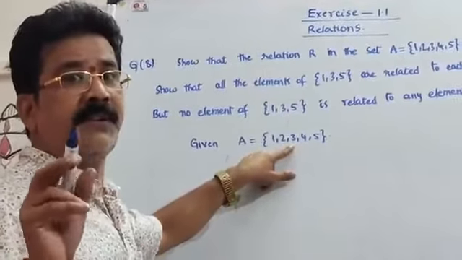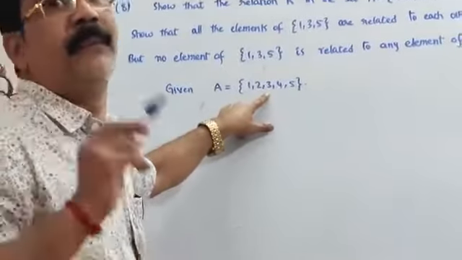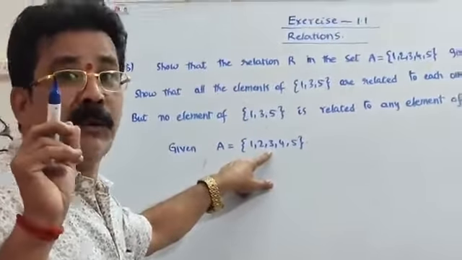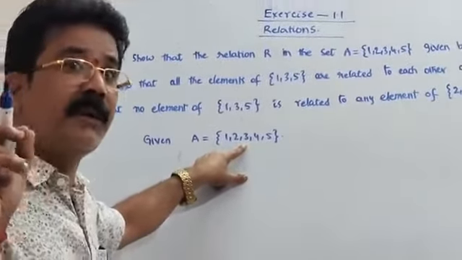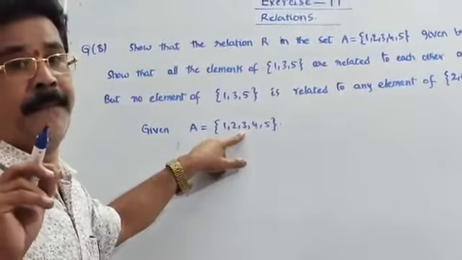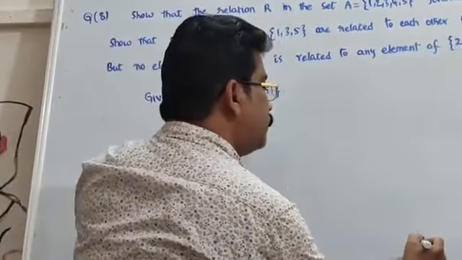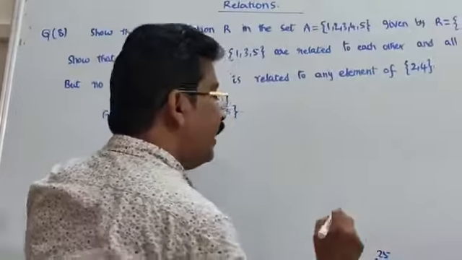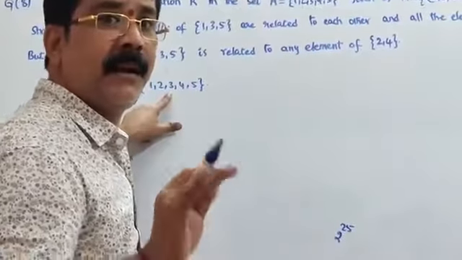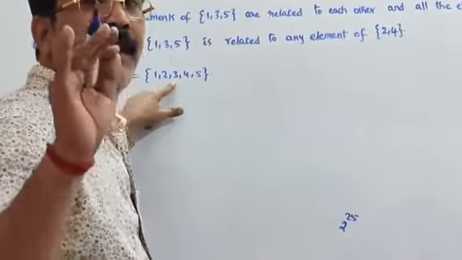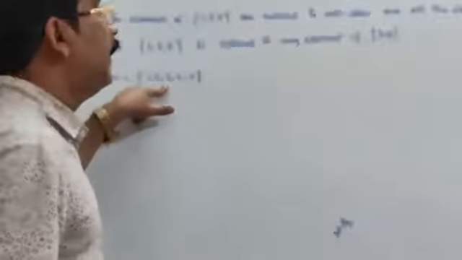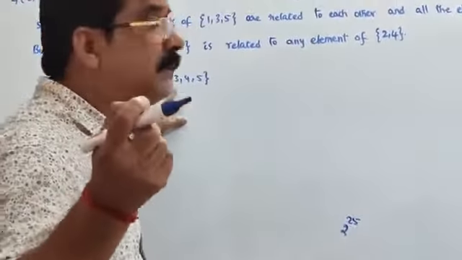The number of subsets equals 2 power 25. So the number of relations equals the number of subsets of A × A, which is 2 power 25. Out of 2 power 25 subsets or relations, he took one relation.